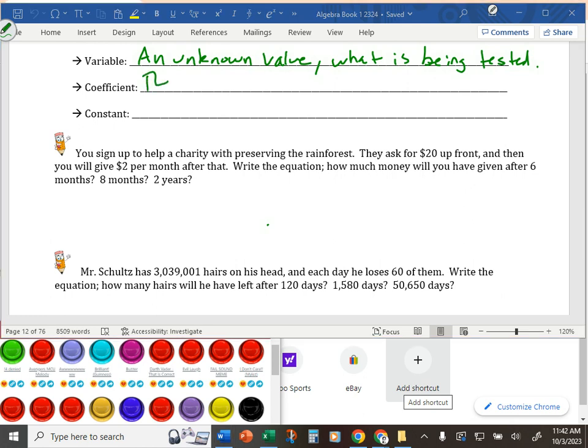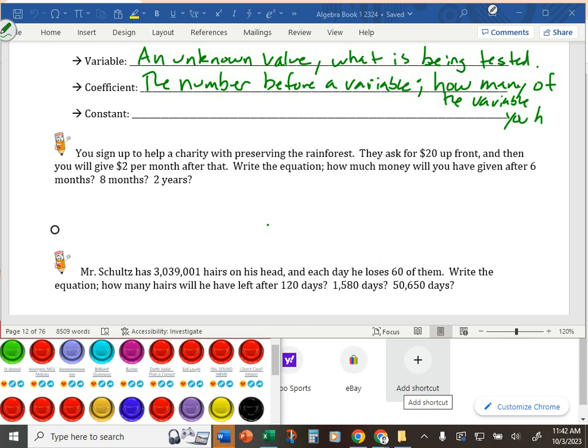Okay? Sorry. We've reached the end. The end of the line has been achieved. It is the number before a variable. And its role is it tells you how many of the variable you have.